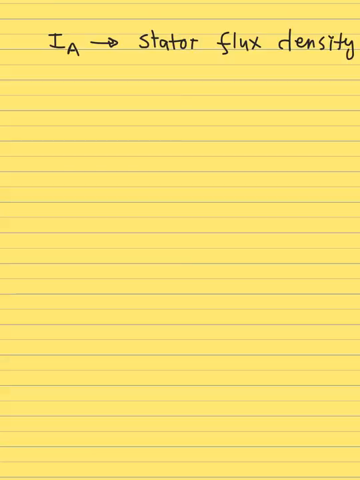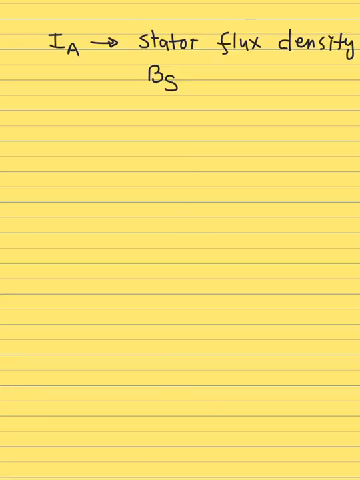Okay, so now we have induced a current in the armature as I_A, and this current in the armature also will induce a magnetic field called the stator flux, or the stator magnetic field. If we want to say it exactly in terms of flux density, we call it the stator flux density. So the induced armature current I_A induces a stator flux density, called B_S, S is for stator.